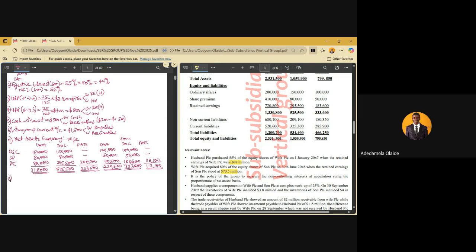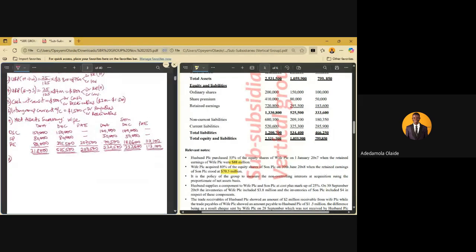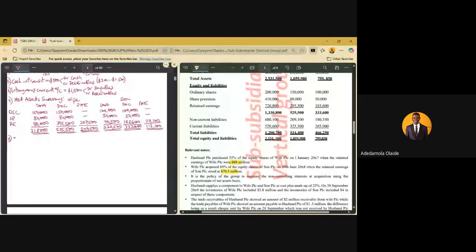So having calculated the net asset summary, we can now go ahead to calculate goodwill.